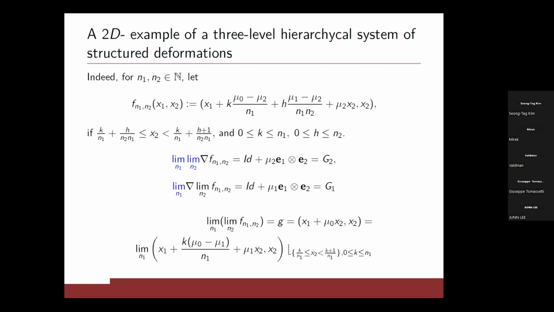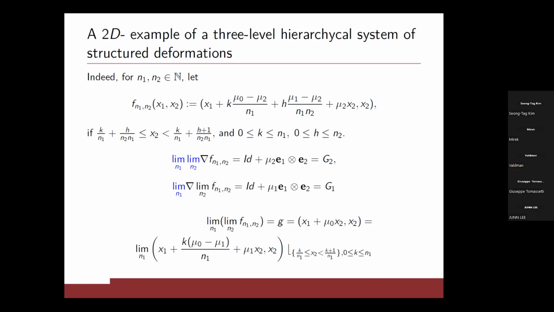If you look at these two sub-levels, you can consider a sequence of simple deformations, a double indexed sequence Fn1, Fn2, defined in this way. Of course, k and h are natural numbers between N1 and N2, and you can make exactly the same approximation that I was showing before for the deck of cards.